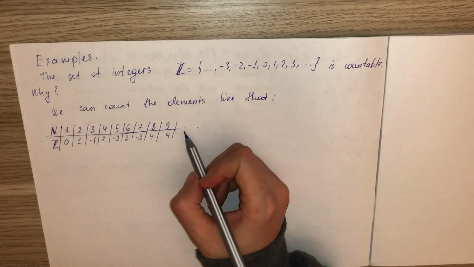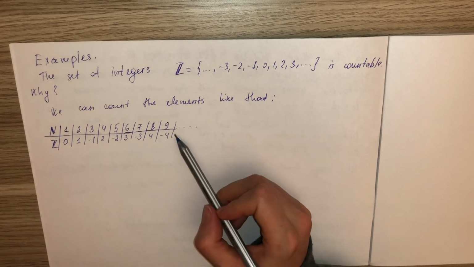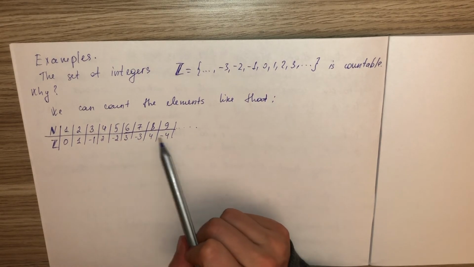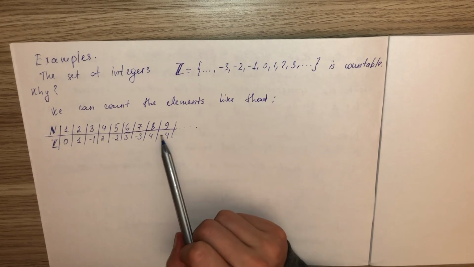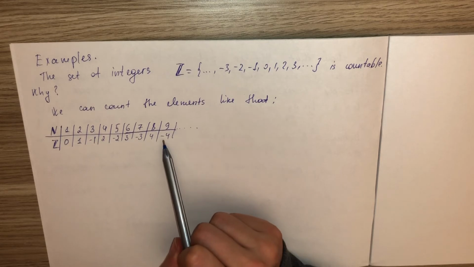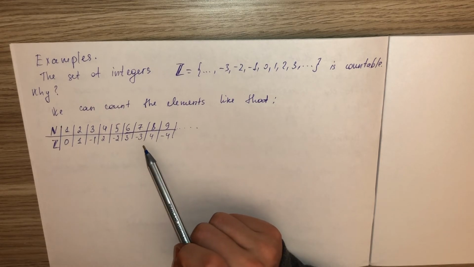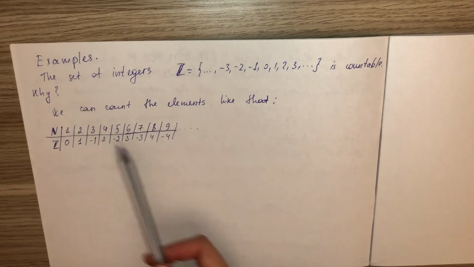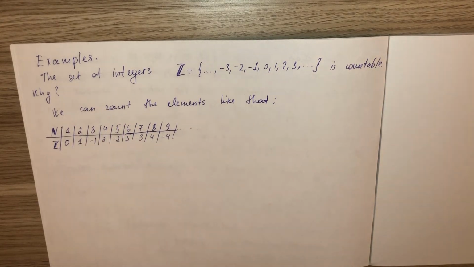And we can keep going like this. As you see, we will never miss out any of the integers, and never repeat any of them either. So the set of integers is countable.